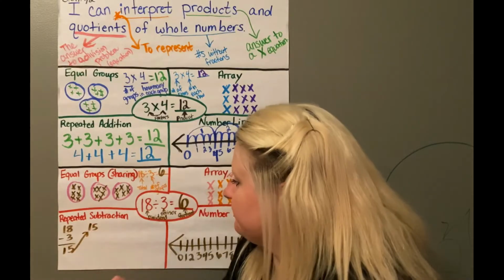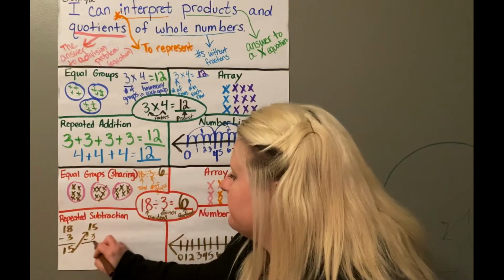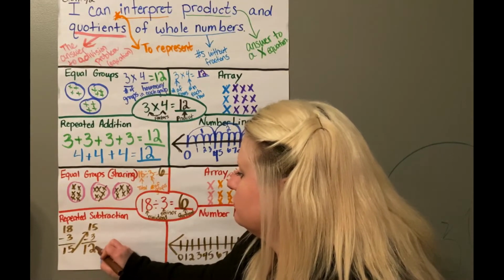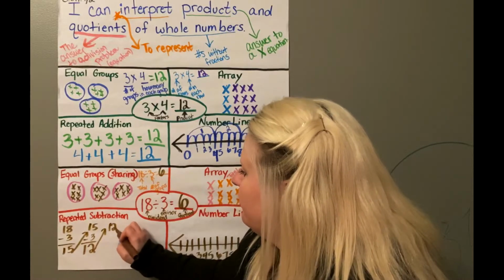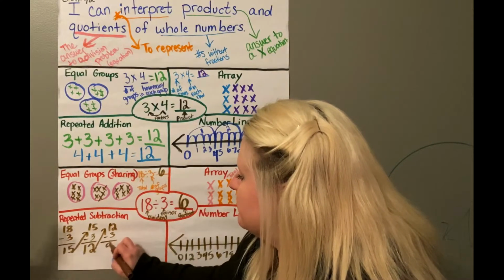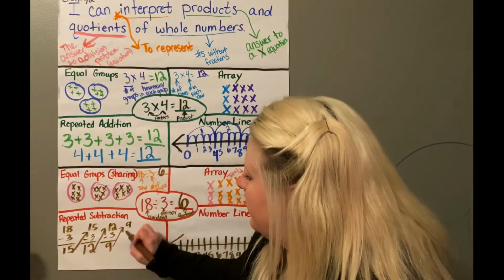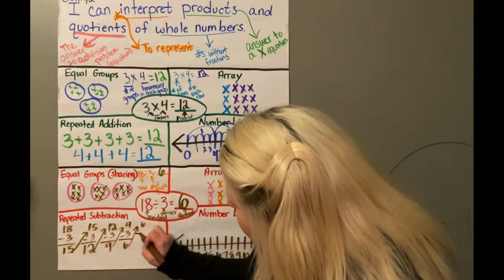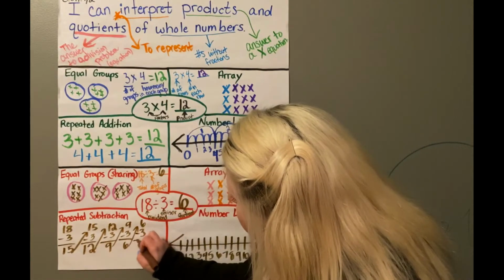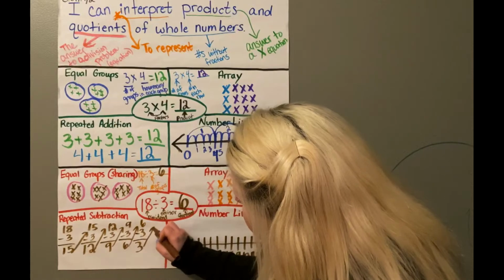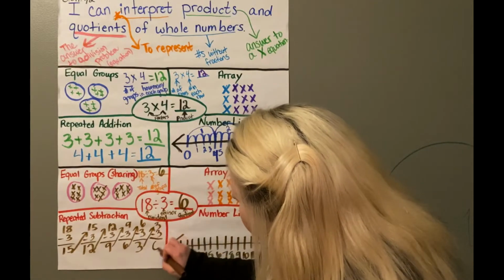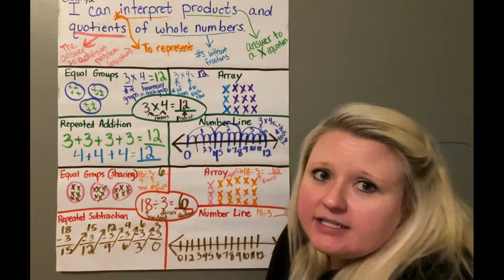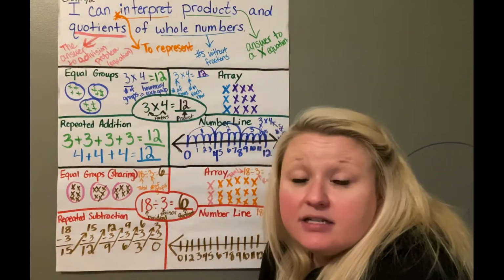I'm going to keep going. 15 minus 3 is 12. 12 minus 3 is 9. 9 minus 3 is 6. 6 minus 3 is 3. And 3 minus 3 is 0. Okay, so I have repeatedly subtracted by 3 until I got 0.